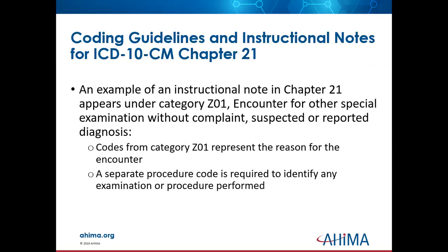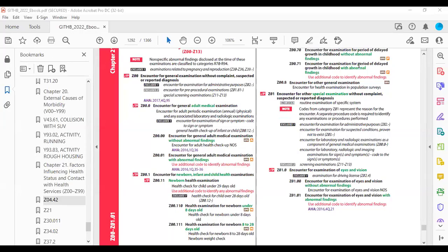There's an instructional note under category Z01, encounter for other specified examination without complaint. So this is why somebody's coming in for an exam, right? Let's take a closer look at that. So you can see here under Z01, this is a special exam, covers such things as eye exams, what have you.